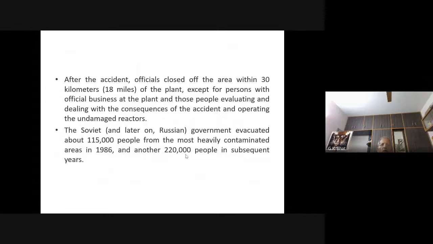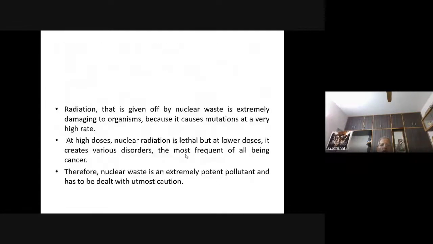Radiation that is given off by nuclear waste is extremely damaging to organisms, including human beings, because it causes mutation at a very high rate. So it is always very unsafe to live near these nuclear plants.